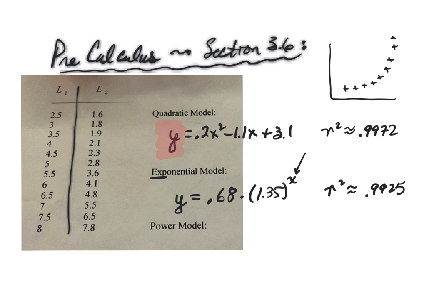And then the third one I ask you for on this problem is what's called a power model. And a power model is just going to be a function with a variable raised to a power. But what the calculator has the ability to do is use not just powers of 2, 3, 4, 5, integer powers, we can also use decimal or fractional powers as well. So you can let your calculator try that.